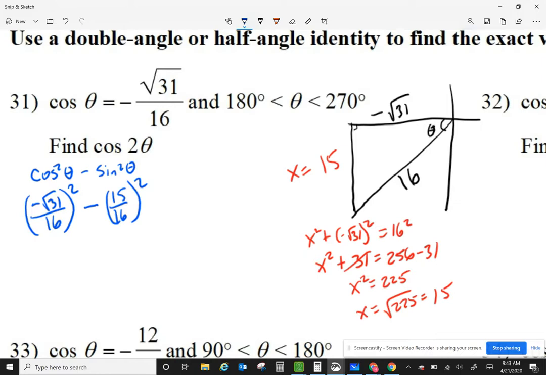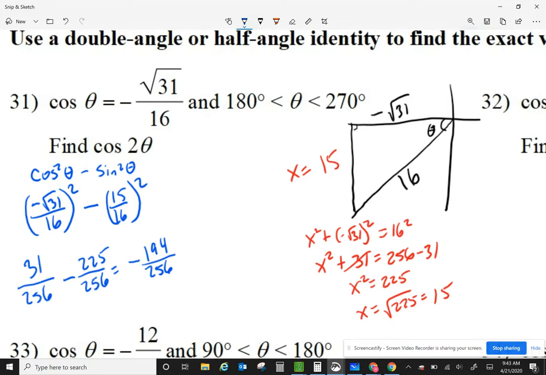So I have 31 over 256 minus 225 over 256. Now 31 minus 225 gives me negative, I'm going to put the negative at the front, negative 194 over 256.